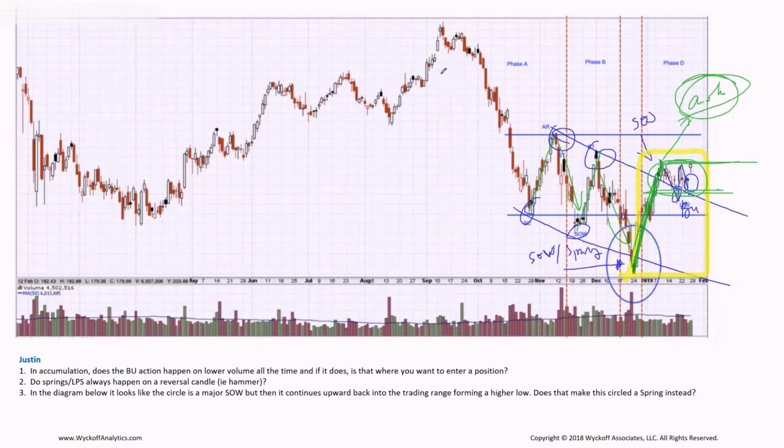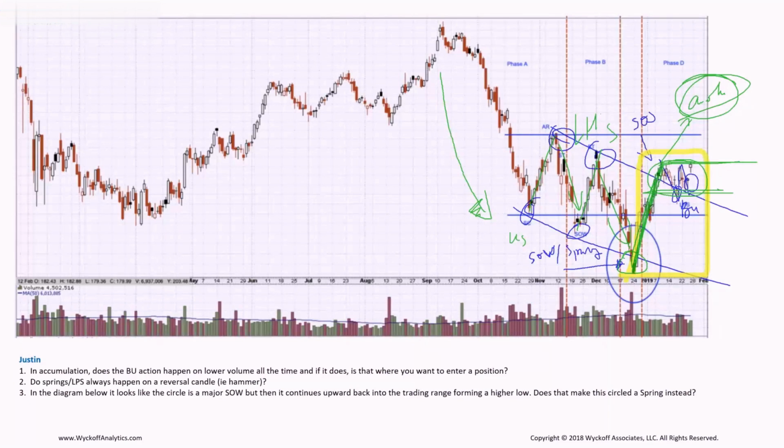Change of character from what? Well, we've been in a downtrending environment, with lower highs and lower lows, going into a potential spring. We're still in the downtrend by definition, although this already looks like a consolidation. So this is a change of character on the way out.